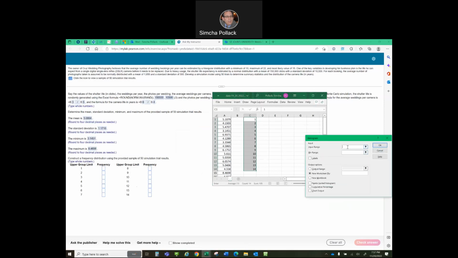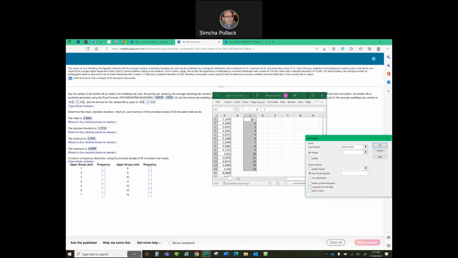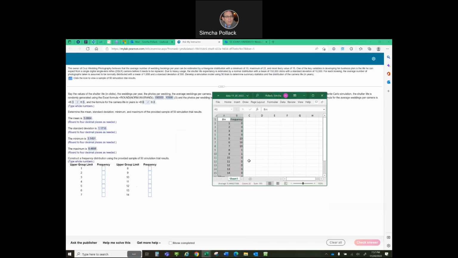Okay. The input range will be B1 through B50. The bin range will be C1 through C14. The output could be any place, hit OK, and we have our answer.